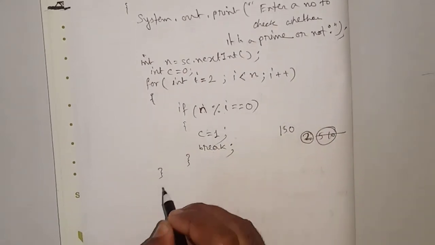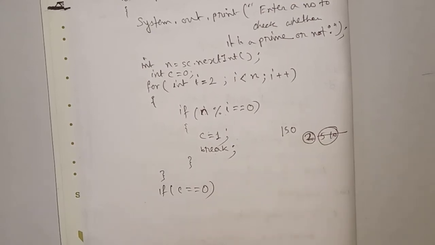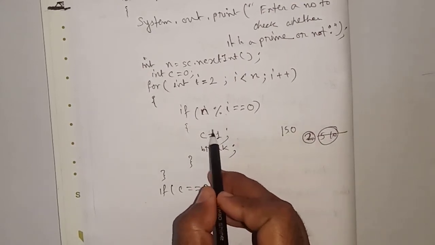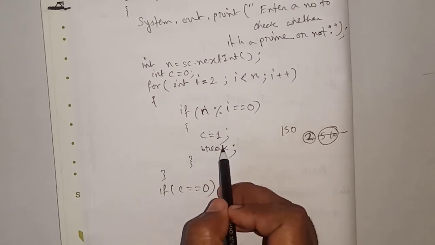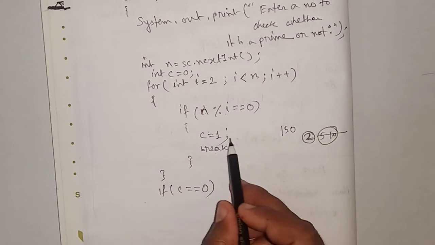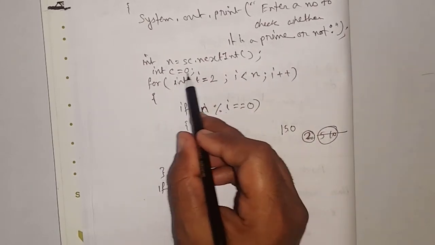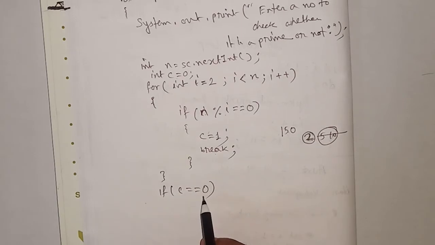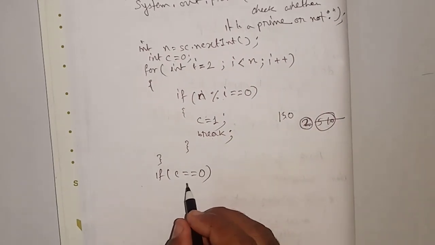Now I'm checking if c is equal to 0. That means c never entered this if statement, so it's not possible to divide. If it had entered, c would become 1. It did not enter, so c is still 0. Once c is equal to 0, we can say this is a prime number.